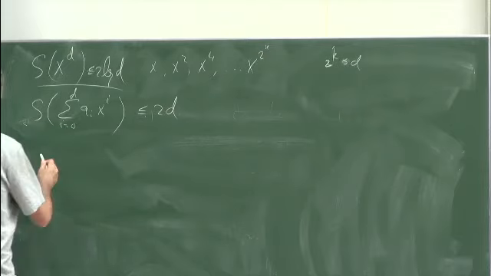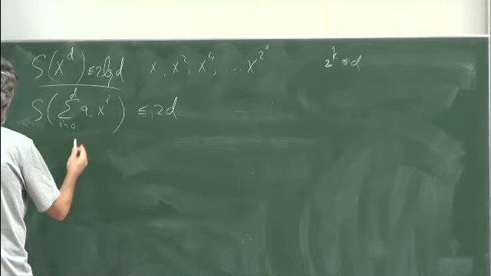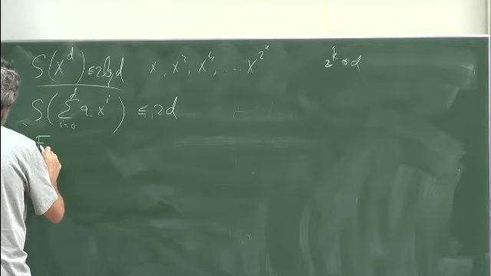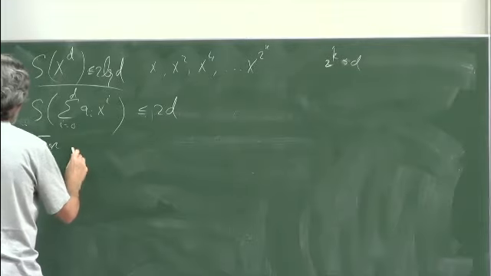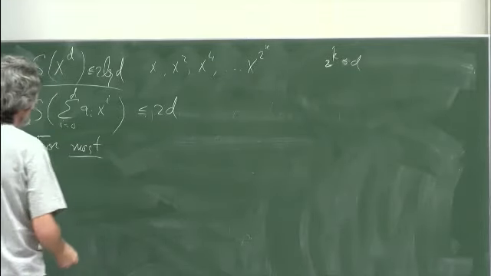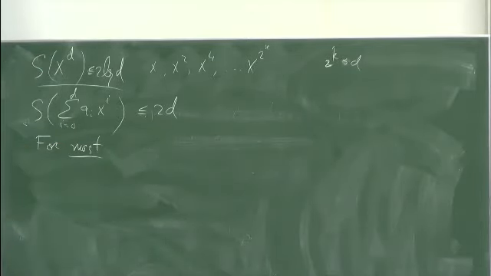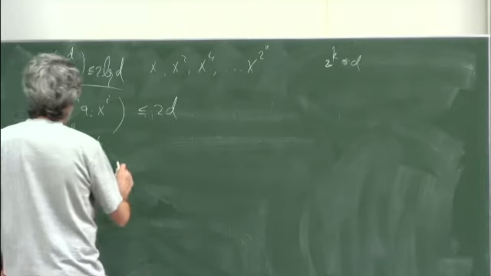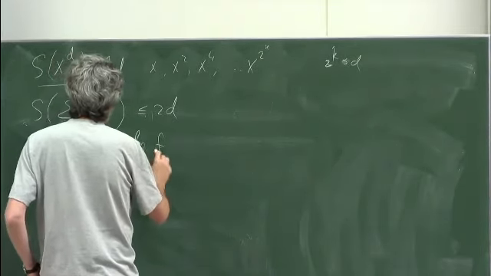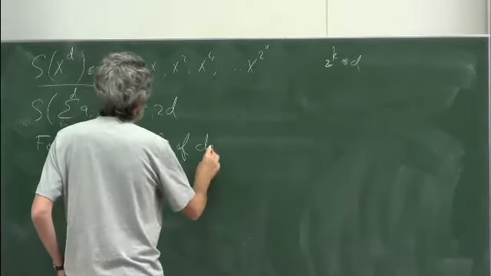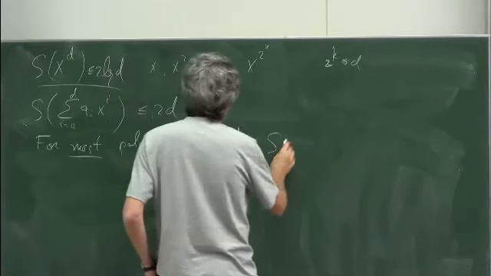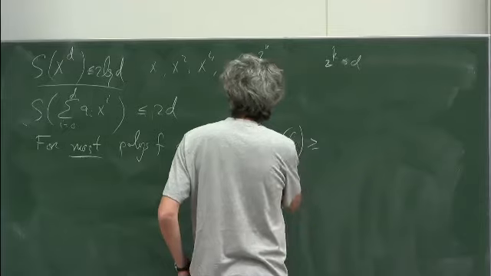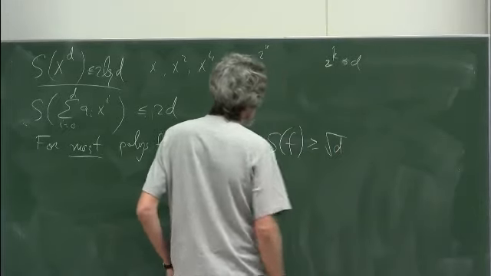But in fact, for most polynomials, again a very simple fact, and you have to make sense of it over infinite fields like the complex numbers and so on, but you can argue that under any reasonable definition of "for most", for most polynomials f of degree d over any field, the size, just univariate, is at least square root of d.